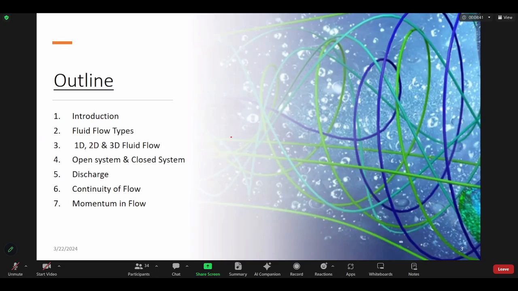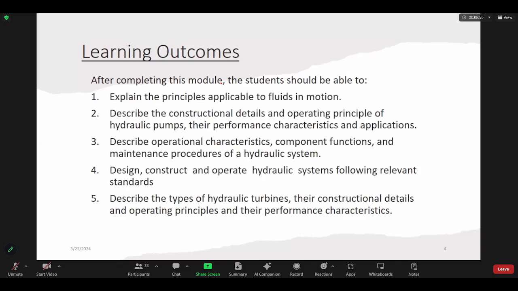Continuity of flow and momentum of flow we will discuss in future. These are the learning outcomes.